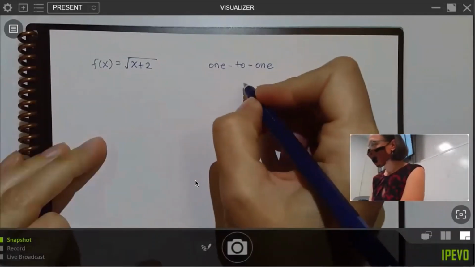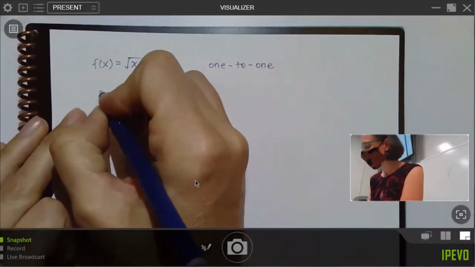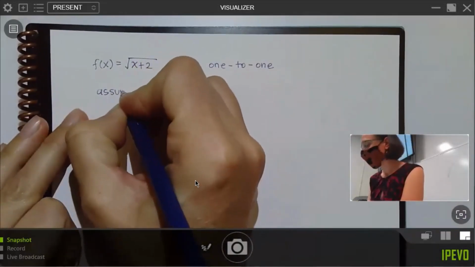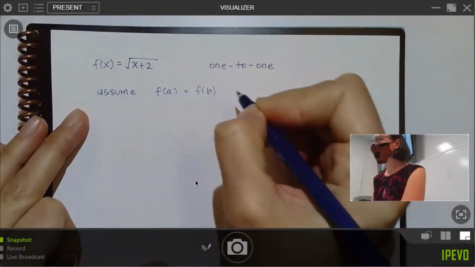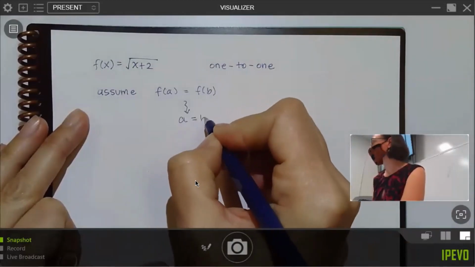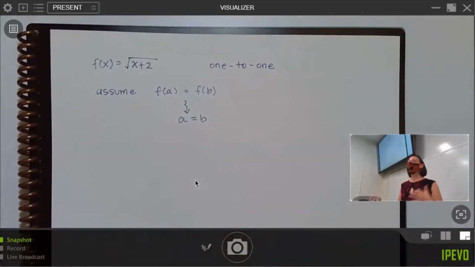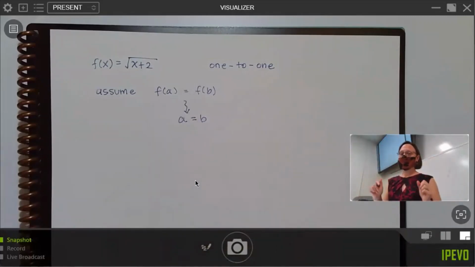So one of the ways algebraically that we can show that something's one-to-one is to assume that f of a is equal to f of b, and then do some work to show that a has to equal b. Meaning we didn't really have two different x values where the y value is the same. If we think we have 2 points where the y value is the same, it was actually the same point. And that's what we're going to do here.